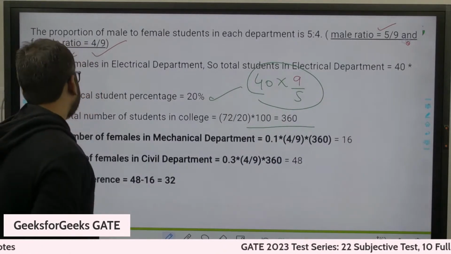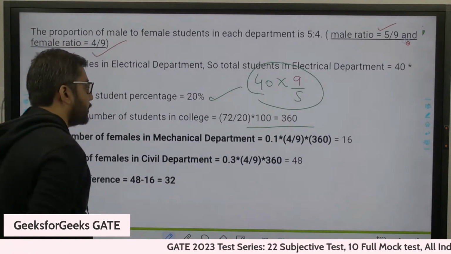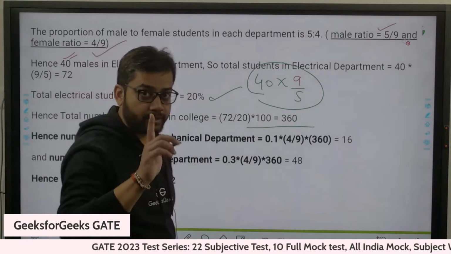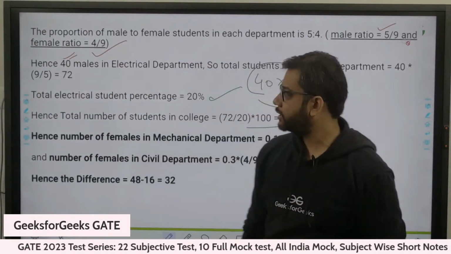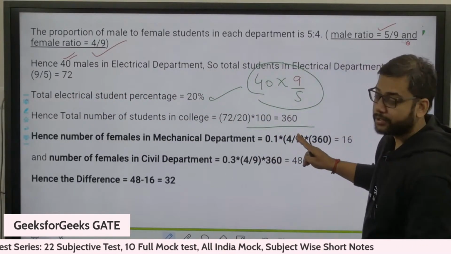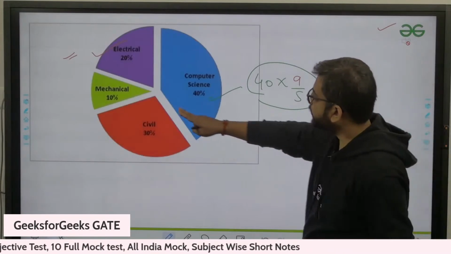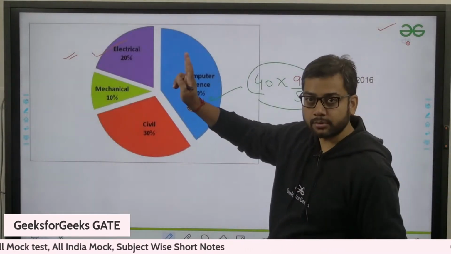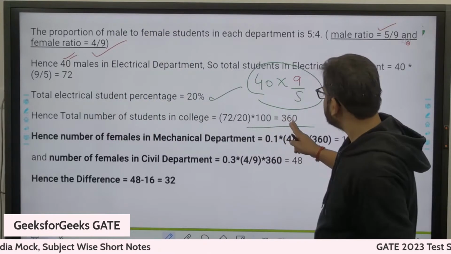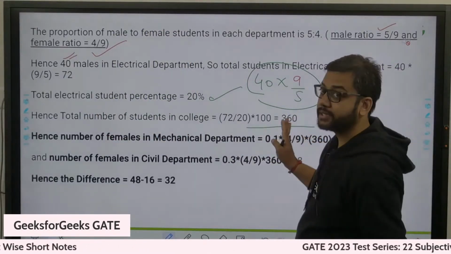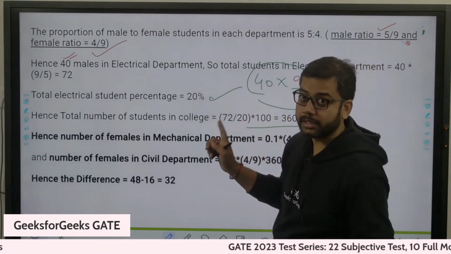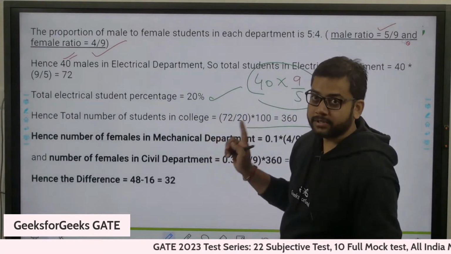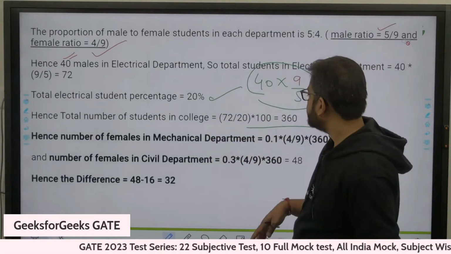ठीक, नाउ द फीमेल इन द मैकेनिकल डिपार्टमेंट. नाउ वन थिंग, इफ वी हैव टू गो फॉर द मैकेनिकल डिपार्टमेंट, वी फाइंड आउट द टोटल नंबर ऑफ स्टूडेंट. फर्स्ट, इन द मैकेनिकल देयर आर ओनली 10% स्टूडेंट्स, so total students is what? 360, and only 10% are in mechanical. It means 360 into 10%.